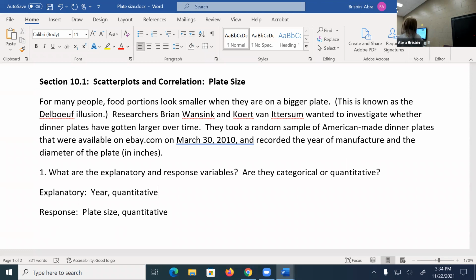And when you only have 2 years, then it doesn't really matter how far apart they are. It just matters that they're different years. They create 2 different groups of the data. So when you only have 2 or maybe a small number of years, then we'll sometimes treat that as categorical. But in a case like this, it makes more sense to analyze it as quantitative. Questions about that?